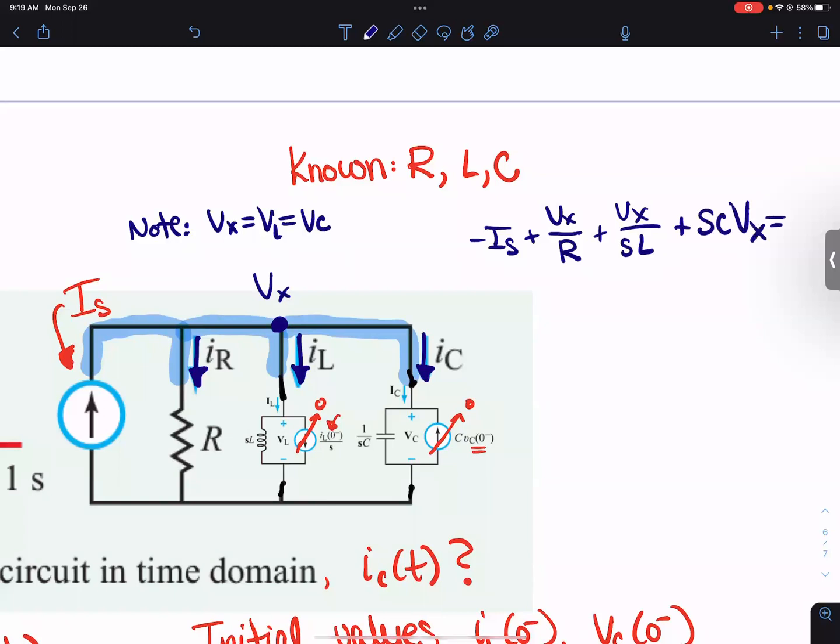Correct. So it's VX over 1/SC, which then goes to the top. So you could say this is VX over 1/SC if you want. So now I can combine all of the VXs.